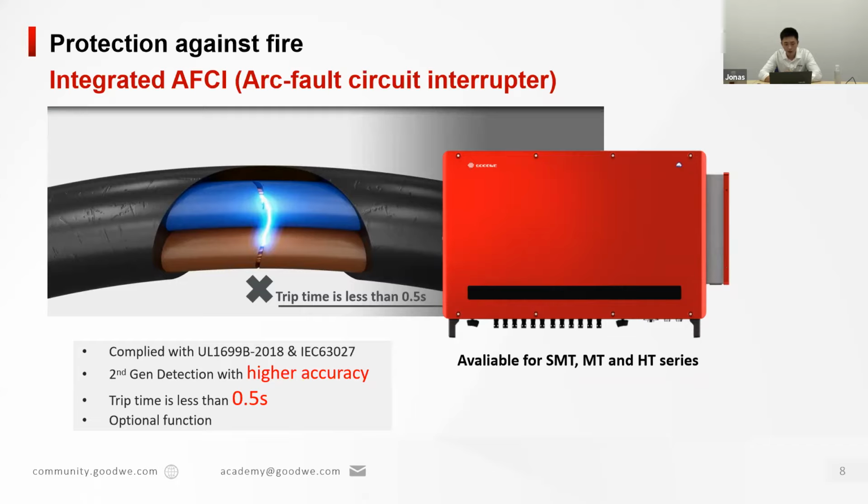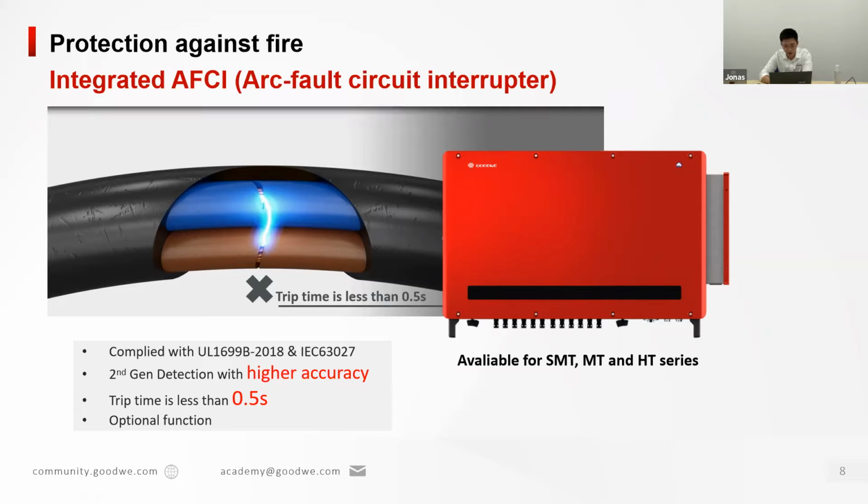At this time, the AFCI in the inverter, also called the arc fault circuit interrupter, will detect this arc and send a signal to the inverter, which will shut down in less than 0.5 seconds, much better than the UL and IEC standards, which define a disconnect time of 2.5 seconds.